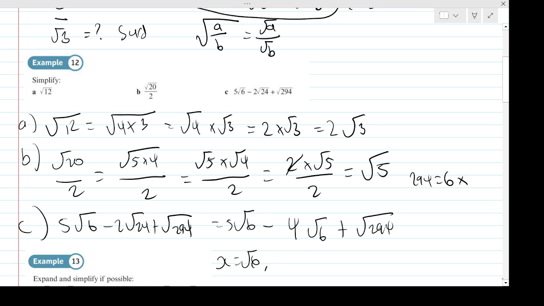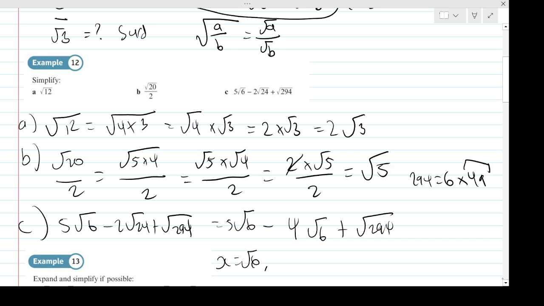Then all three numbers are in terms of root 6, so I can add and subtract because they're like terms. 294 divided by 6 gets me 49. So that's the other factor: 49 and 6 are the factors of 294 that I'm looking for.